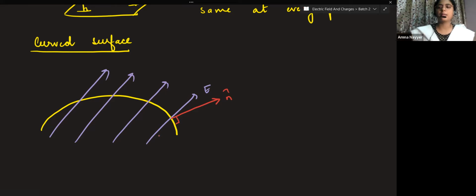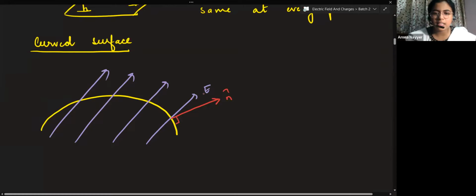So you will get the same answer even if you take an area vector or not in case of perpendicular electric field lines. But in this case, this is making some angle theta with the area vector. It wasn't making an angle of 90 degree with the curved surface. So you take area vectors at all the points like this. This is the area vector making an angle of 90 degree with the surface and angle theta with the electric field line.